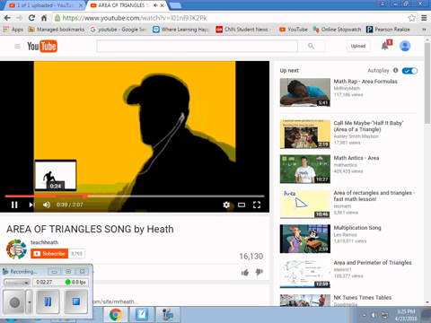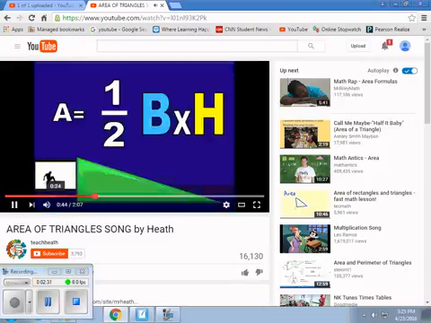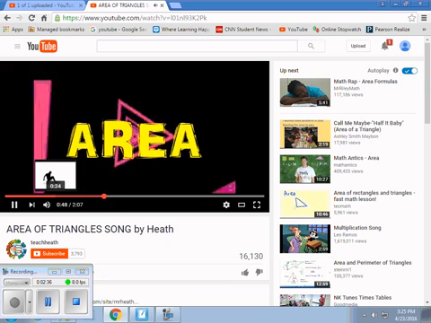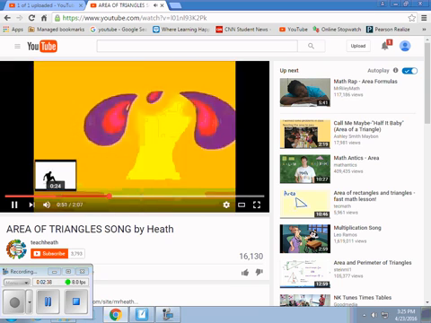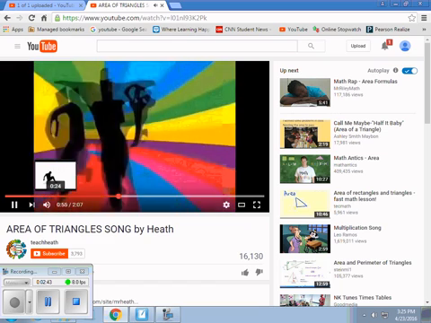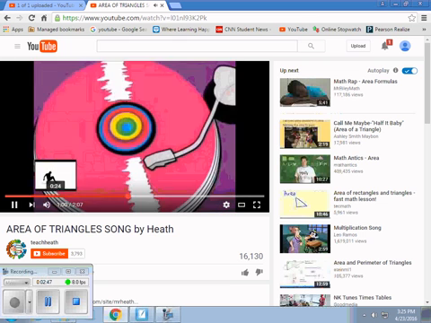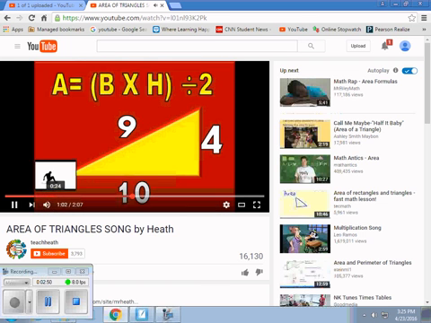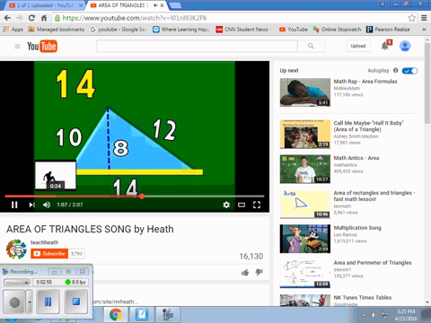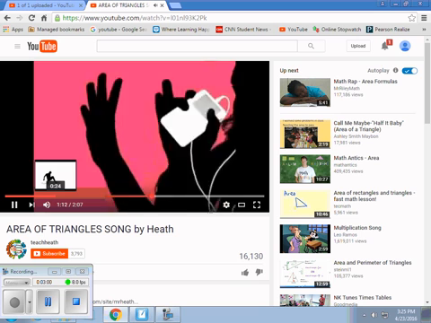Area of a triangle, that's A equals 1/2 BH. Base times height divided by 2.